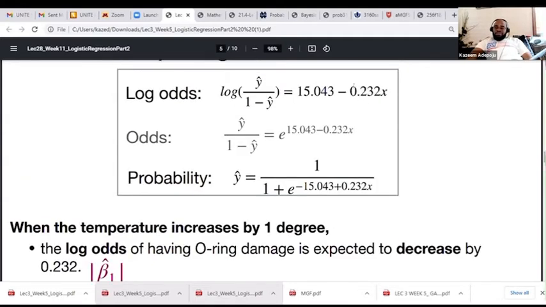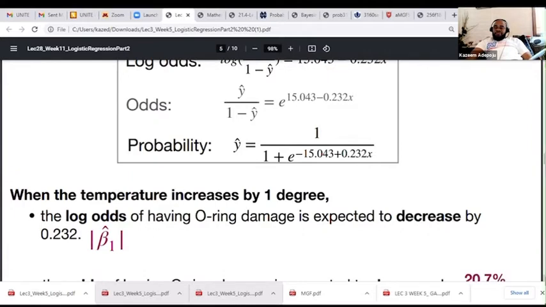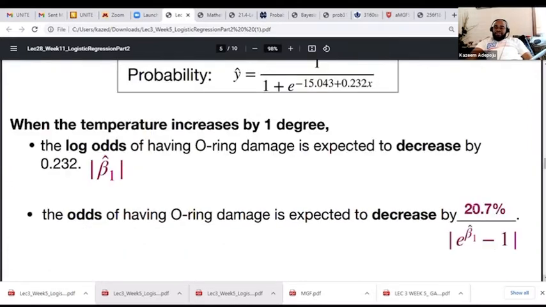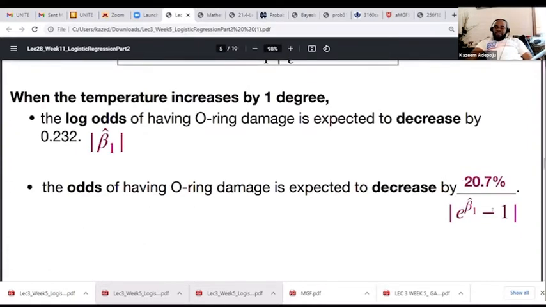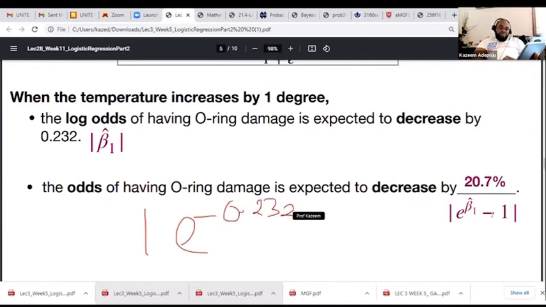You take the exponential raised to the power minus 0.232, then minus 1, then take the absolute value. So what I'm trying to say is that it's the exponential raised to the power minus 0.232, minus 1, in absolute terms. You see that now?